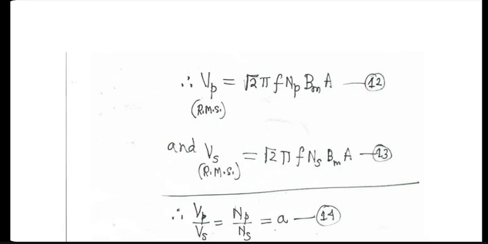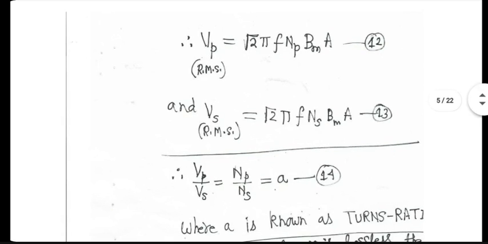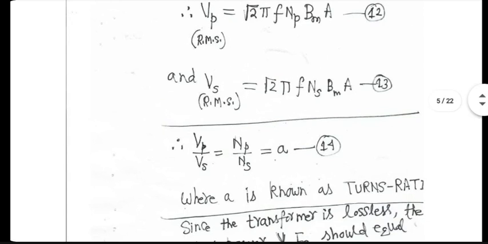EMF induced in primary and EMF induced in secondary are given by equations 12 and 13. These are RMS values. Now it is obvious that Vp divided by Vs is Np divided by Ns. This is what I had told you right in the beginning. Now we have proven it. And Np upon Ns is known as the turns ratio. We denote it normally by small a.